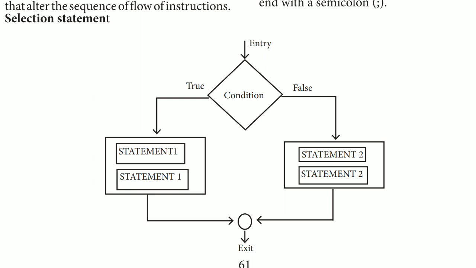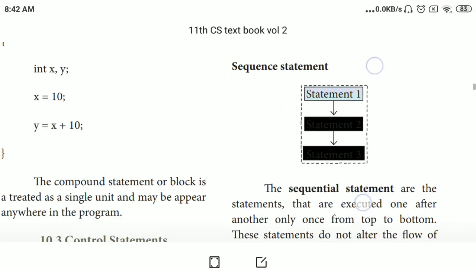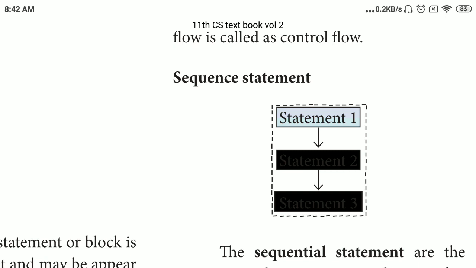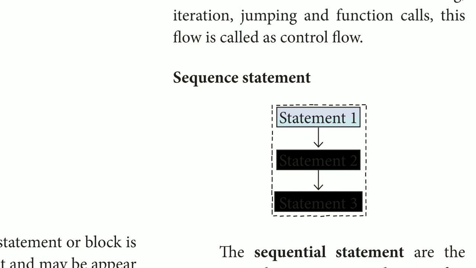If the condition is false, then the true statements will not be executed; if the condition is true, then the false statements will not be executed. This is the selection statement. Sequential statements move from top to bottom, one by one, without any alteration in the execution of statements, step by step.